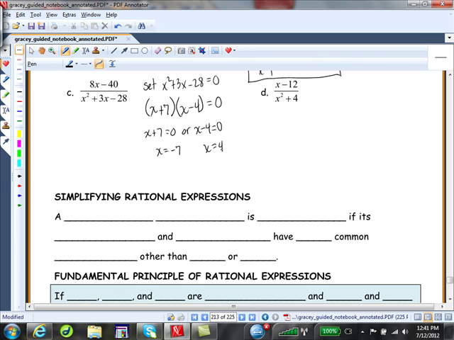So let's answer the question. X equal to negative 7 or 4 makes 8x minus 40 over x squared plus 3x minus 28 undefined.